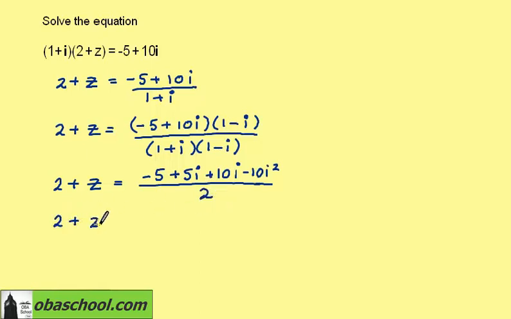So 2 + z is equal to 5i and 10i is 15i, and we have -5 + 10, because i² is -1, which gives us 5.